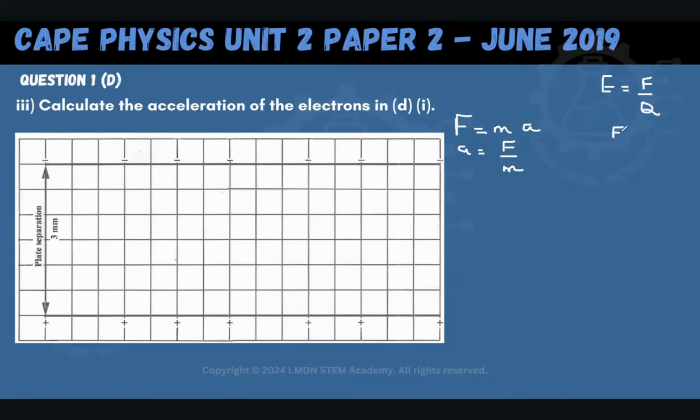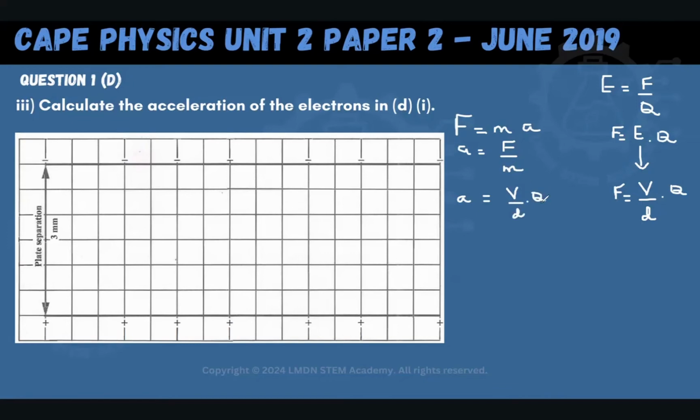And so F is equal to the electric field strength times Q. We also know that the electric field strength can be represented as the voltage over the distance between the plates. So we can just do that substitution, put back our Q, and then voila, we have a formula for F. So F is equal to V over d times Q. So let's just plug that in here now, right? a is equal to force over m. So force, we said, is V over d times Q.